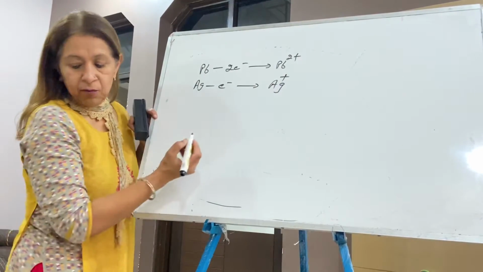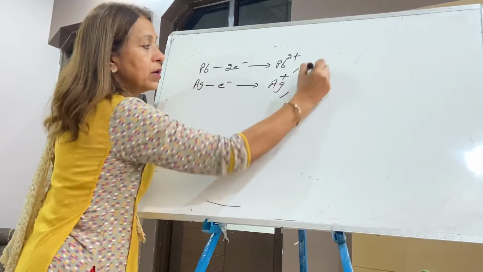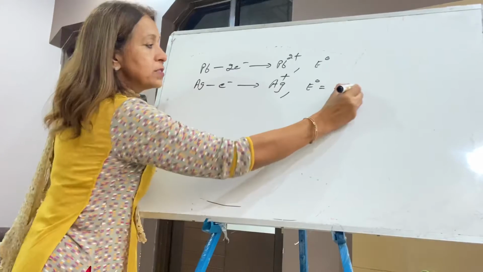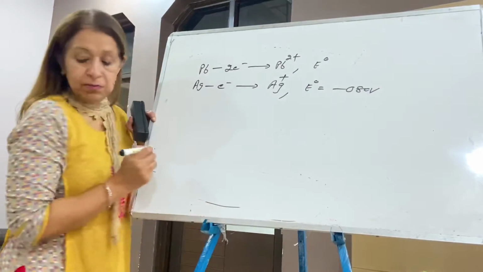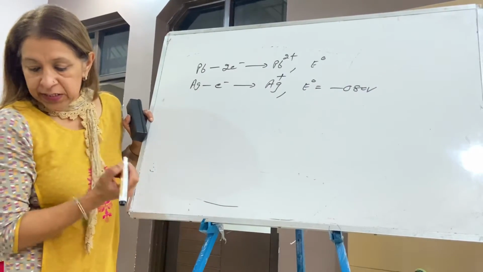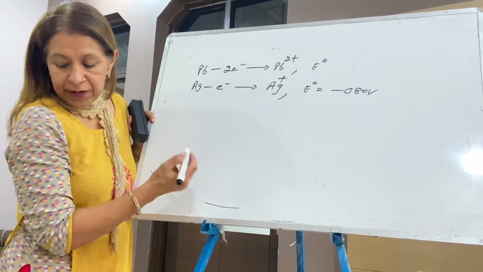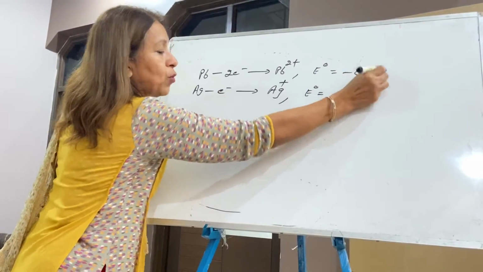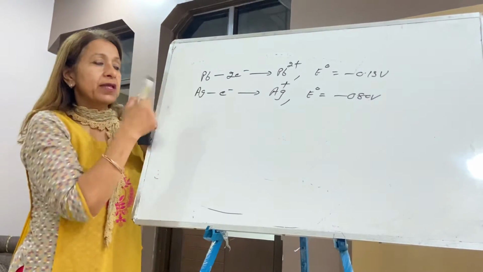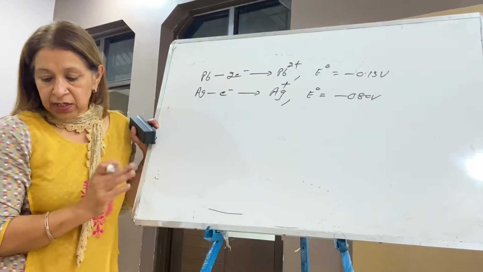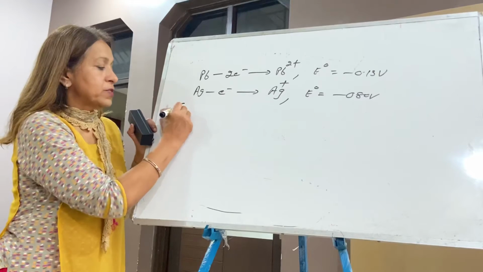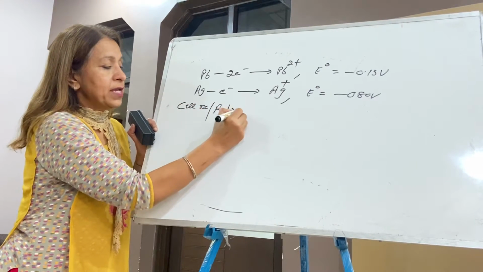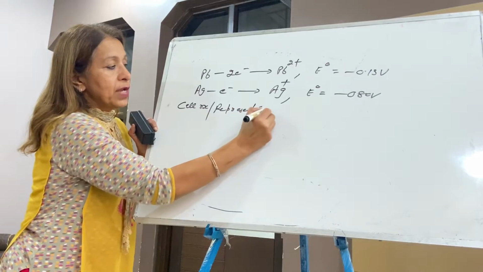The E naught values are minus 0.80 volt and minus 0.13 volt. In this way the E naughts are given. And the question they are asking is the same: write cell reaction, representation, and EMF.